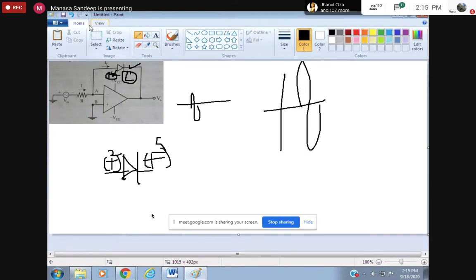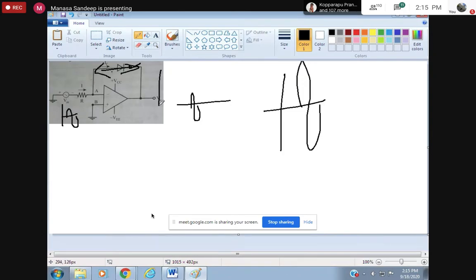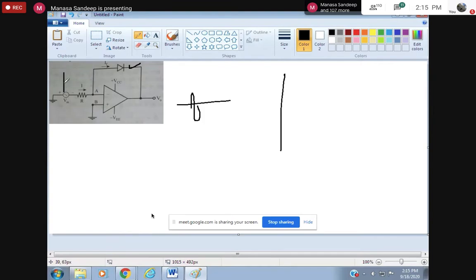Because the input voltage applied is small compared to the output voltage, the diode acts as reverse biased, which means it acts as an open circuit. Because you are applying a small voltage here, the gain obtained is very high. Got it?